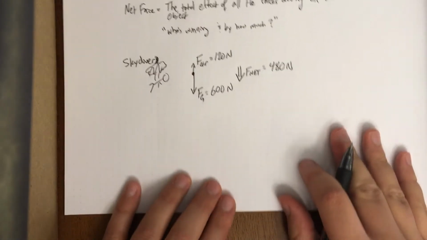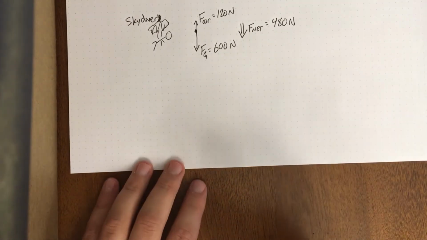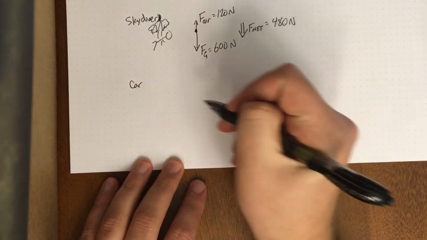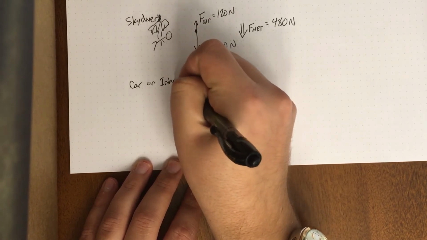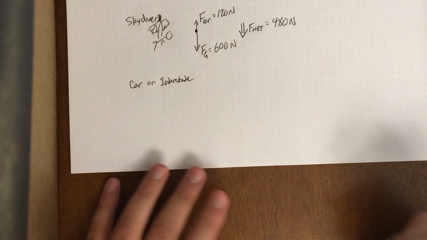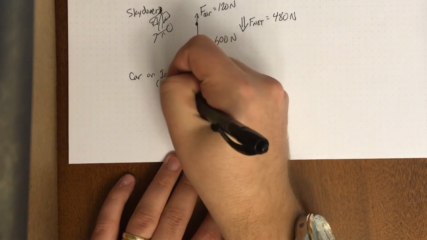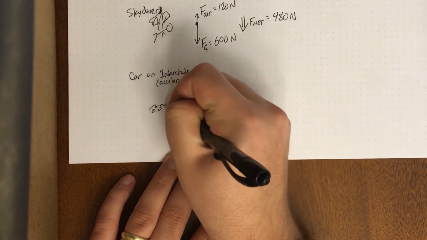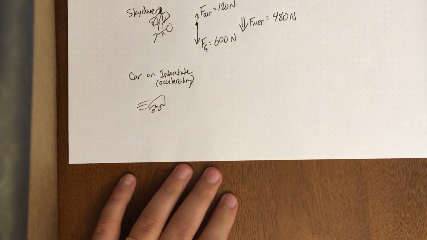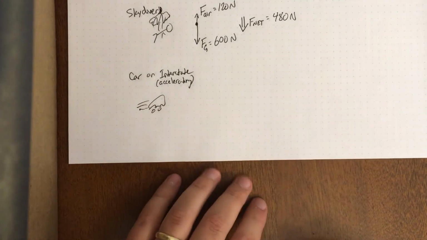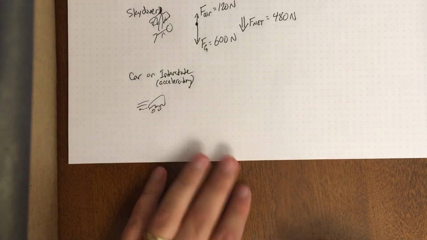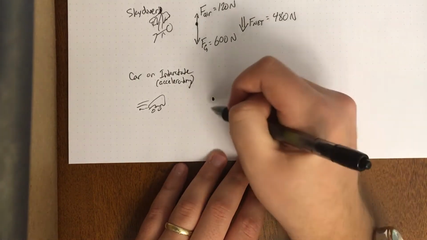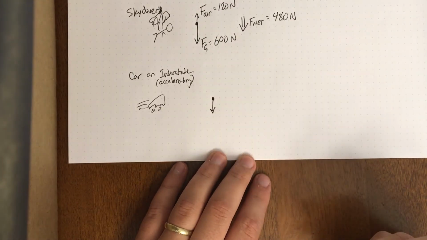We can use this in other cases. So imagine, this time, a car on the interstate, and we're going to think about a car that's accelerating. So there's my car. If I do my free body diagram for this, at this point I'm going to basically make up a problem for you. This car has some gravity pulling it down.